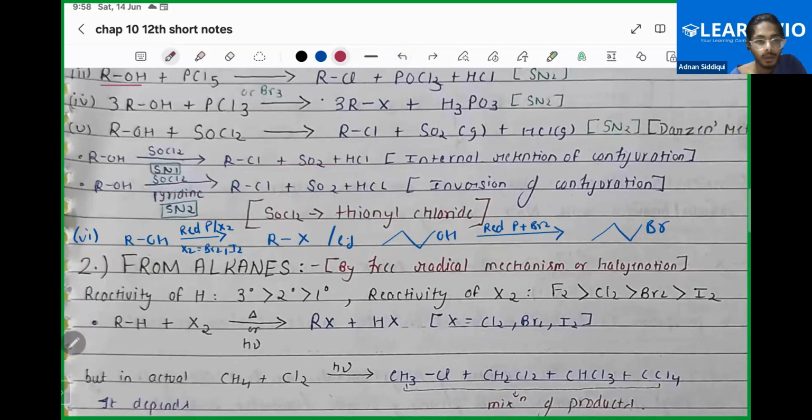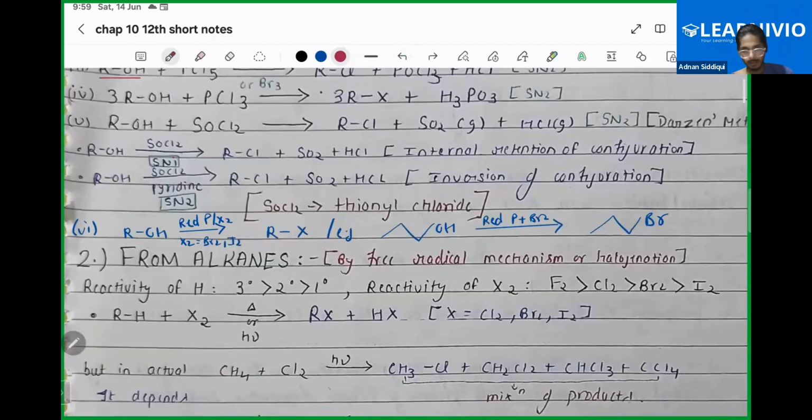And if they have mentioned only SOCl2, the mechanism is going to be SNi. We will talk about it when we discuss in depth. For now, you can understand it this way: if they have mentioned only SOCl2, the mechanism is SNi. If they have mentioned pyridine as well, then the mechanism is going to be SN2. The products in both cases are going to be the same. Is this clear?